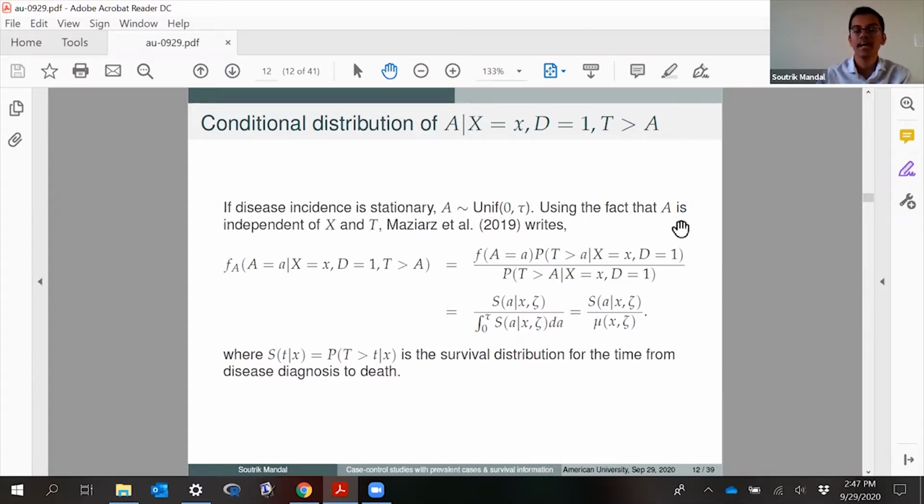And using the fact that a is independent of x and t, Mazières wrote the conditional density as a ratio of the survival function S and mu, which takes care of the left truncation in prevalent cases. So this mu is the probability of t greater than a. And S is your survival function or the survival distribution for the time from disease diagnosis to death.